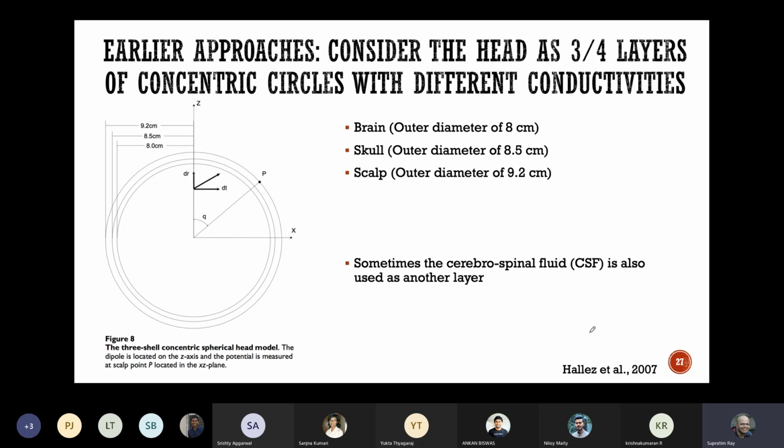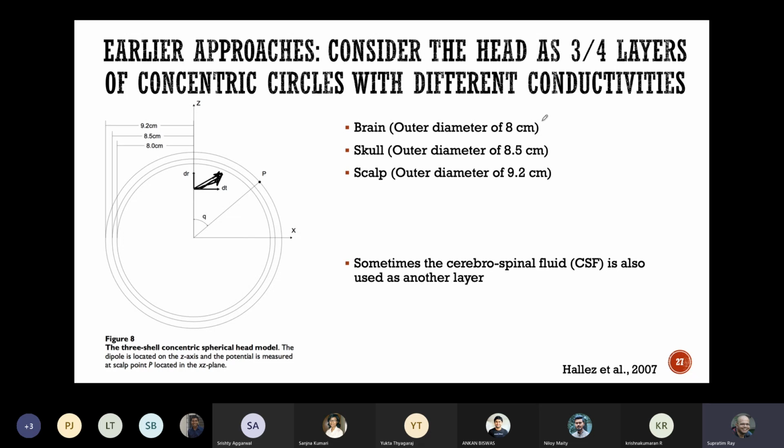So I'm going to have one dipole, a single dipole sitting somewhere in the brain, like so. It has some magnitude and some direction. And the head is modeled very simply as a set of concentric spheres, each having a different conductivity.